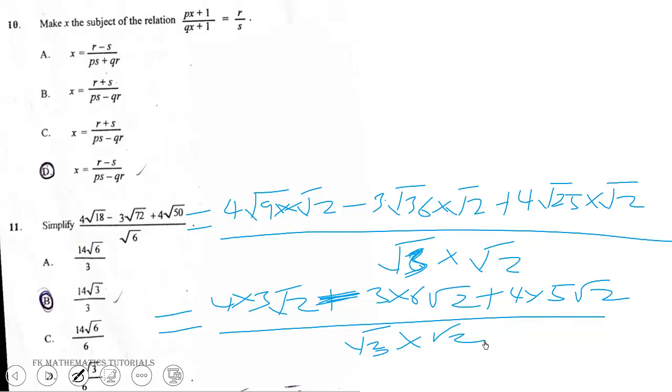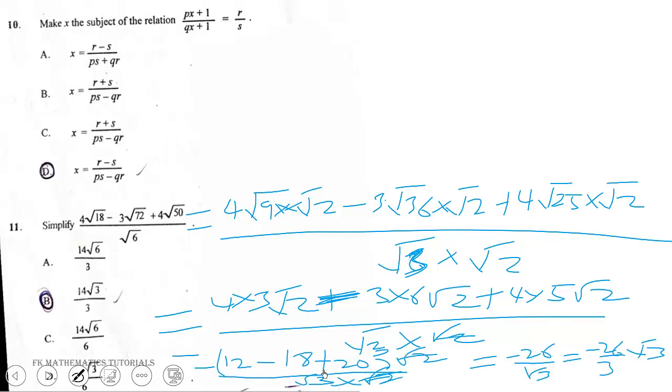We can factor root 2 in the top. That gives 14 over root 3, so that will give you 14 root 3 over 3, which is B.